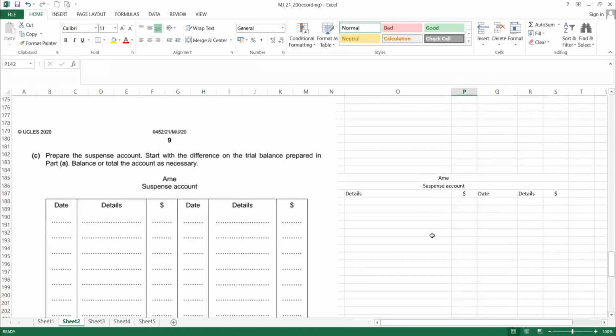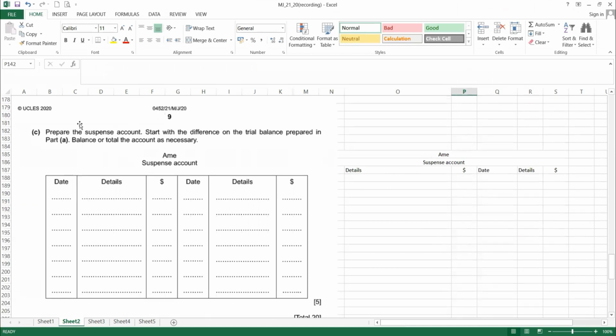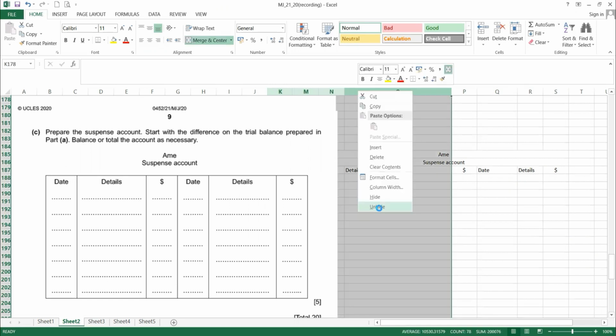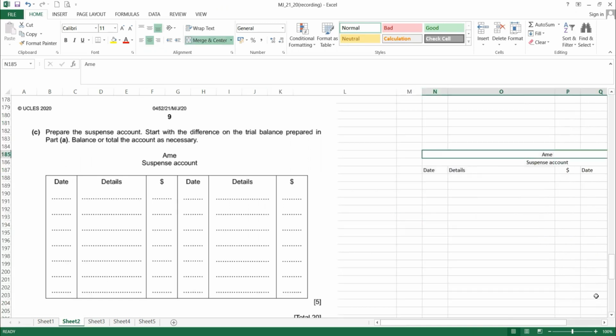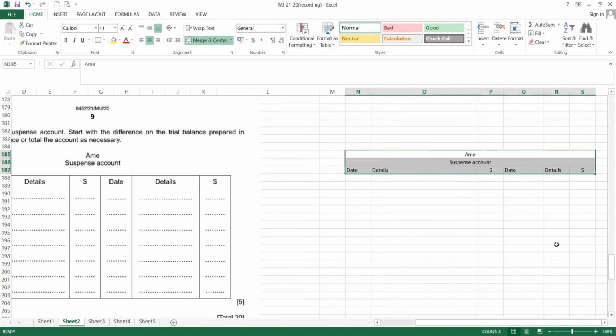Okay, now let's continue. Here they ask to prepare the suspense account. Start with the difference on the trial balance. So what is the difference on the trial balance? Okay.